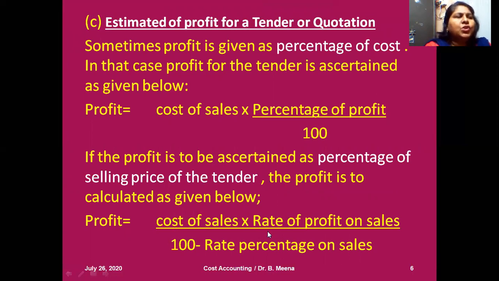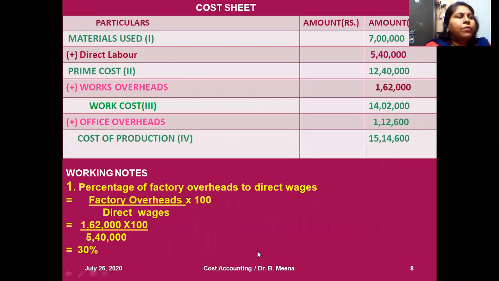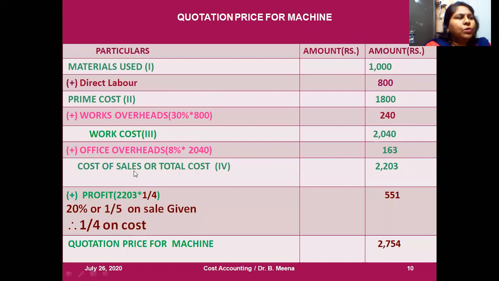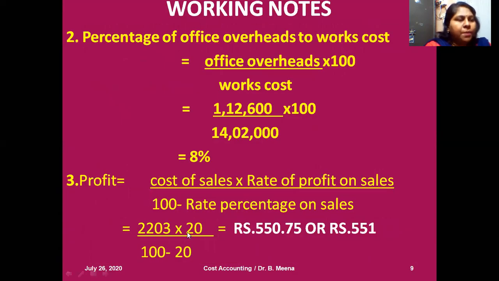So cost of sales into 25% divided by 100 minus 25. That's what I worked out here. Okay, sorry, not 25, 20. 2203 is my total cost, into 20 percentage divided by 100 minus 20. The 100 minus 20 comes when the profit percentage is given on sale.